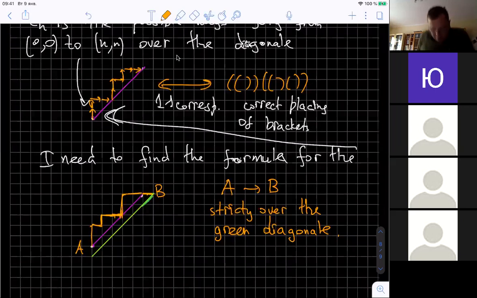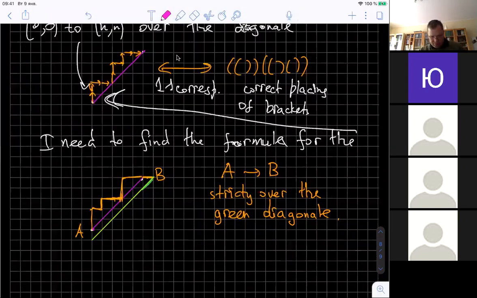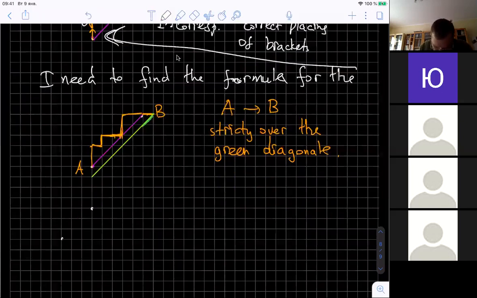So for example, let me see, what can I do? Let me give you an example. Maybe it will help us to see what is happening here.